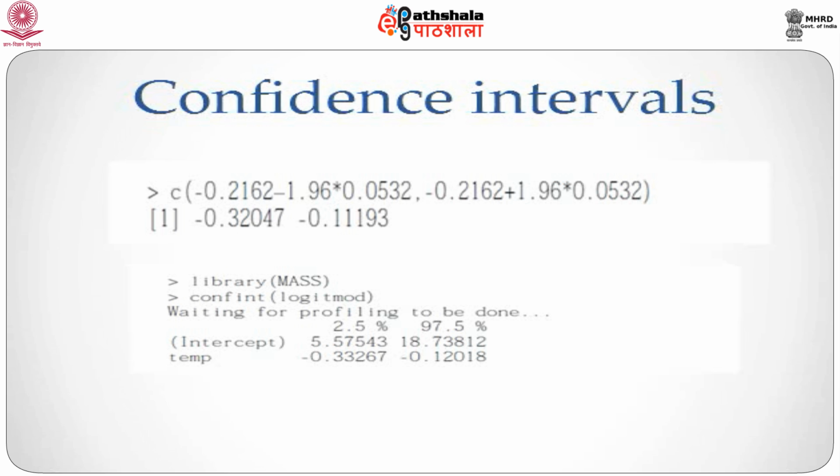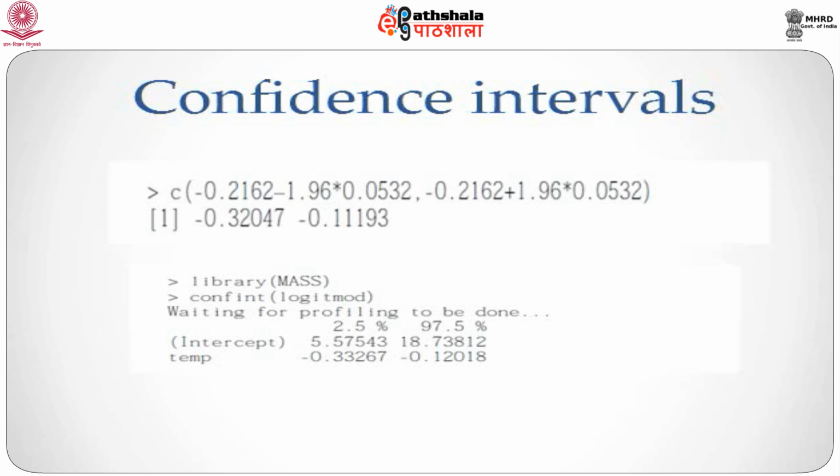We can get the confidence intervals using the first two columns of the coefficients, which is the estimates and the standard errors, and the critical value of 1.96 for the normal distribution. So this has been done in the first line of code, but there is also an alternative way of getting the confidence intervals, which is by using the confint function.